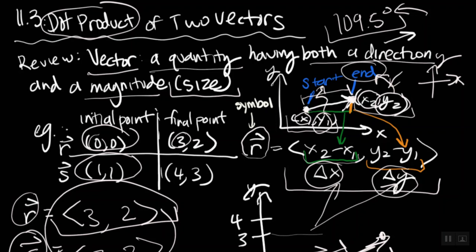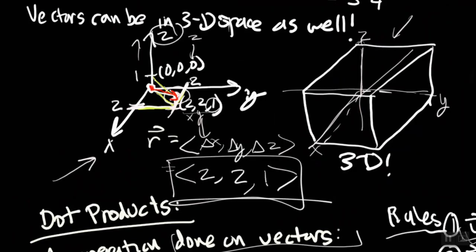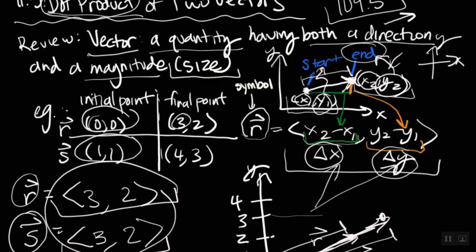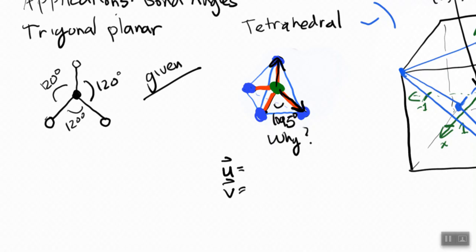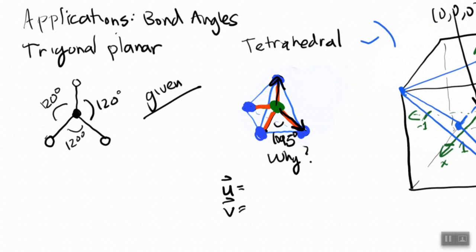It's an application of dot products in chemistry. Look at that, anything can be applied to anything, and at the end, you get something truly incredible. In this case, we're going to prove, as I said at the beginning, why the bond angle in a tetrahedral molecule is 109.5 degrees.